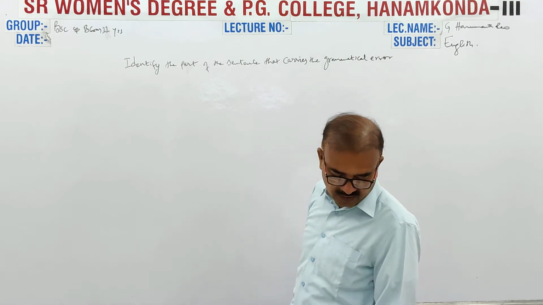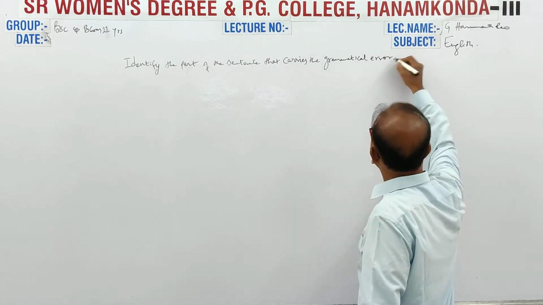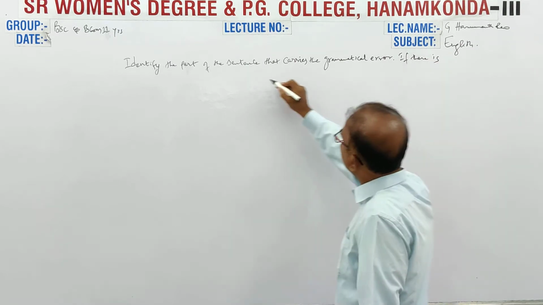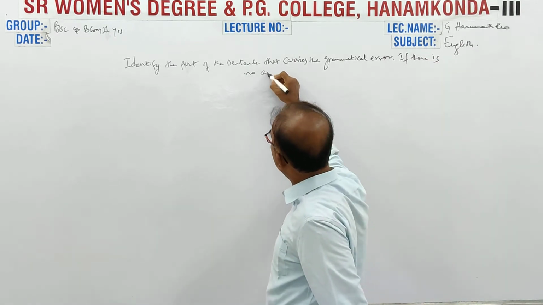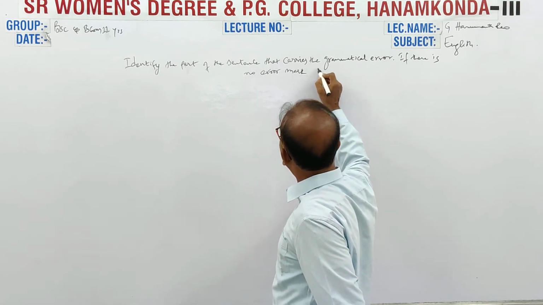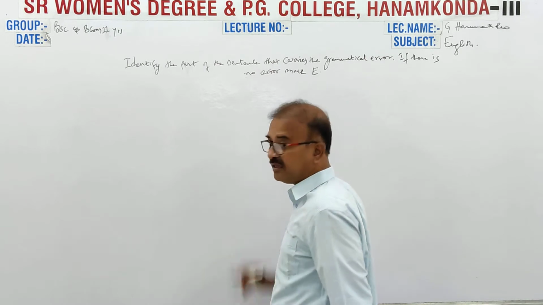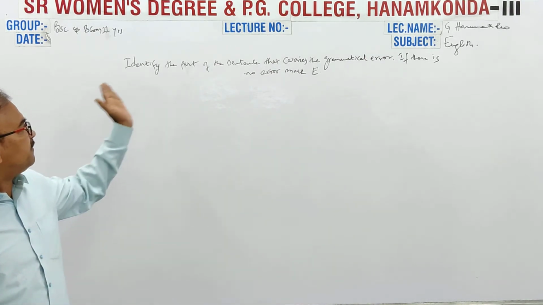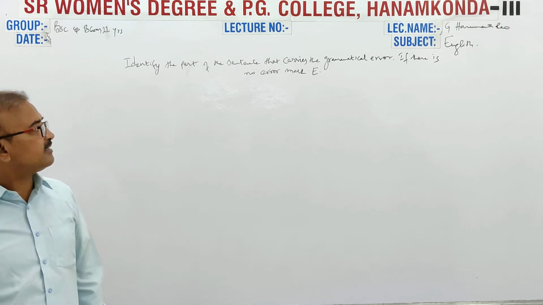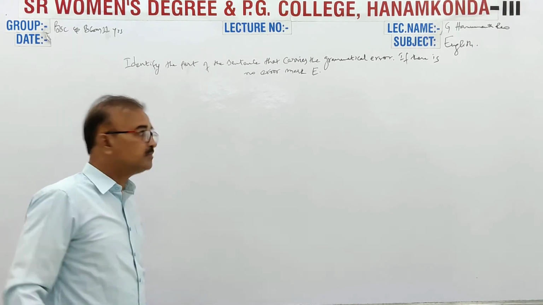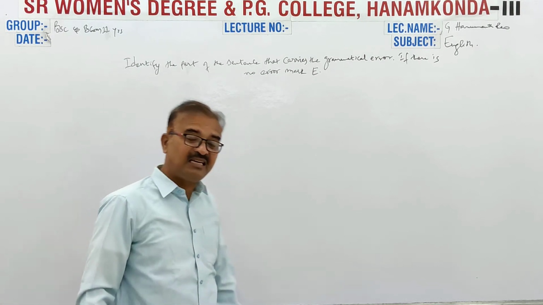If there is no error, mark E. Check this one, girls. Identify the part of the sentence that carries the grammatical error. If there is no error, mark E.